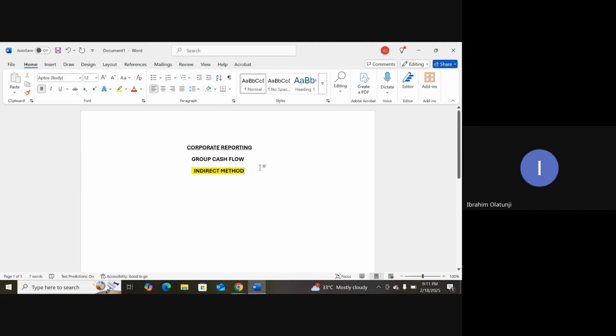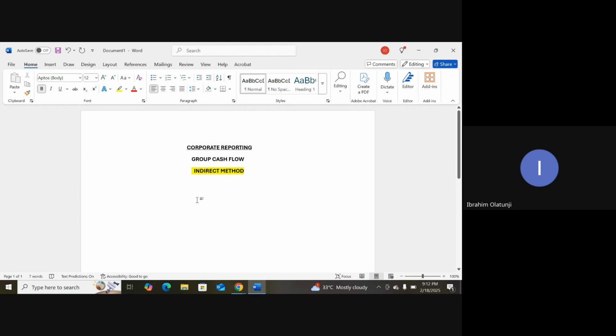So, good evening, colleagues. Today we want to talk about the group cash flow as usual. But this time around, we want to focus on the indirect method. Yesterday we focused on the direct method, and I said the only difference from this approach and yesterday's approach is that of the operating activities.